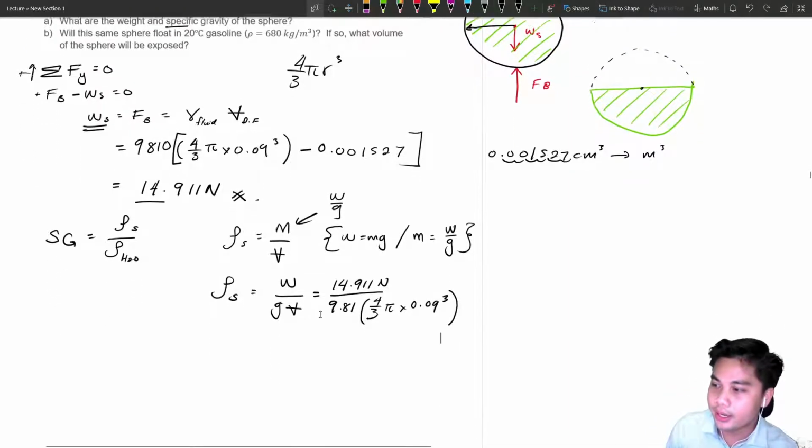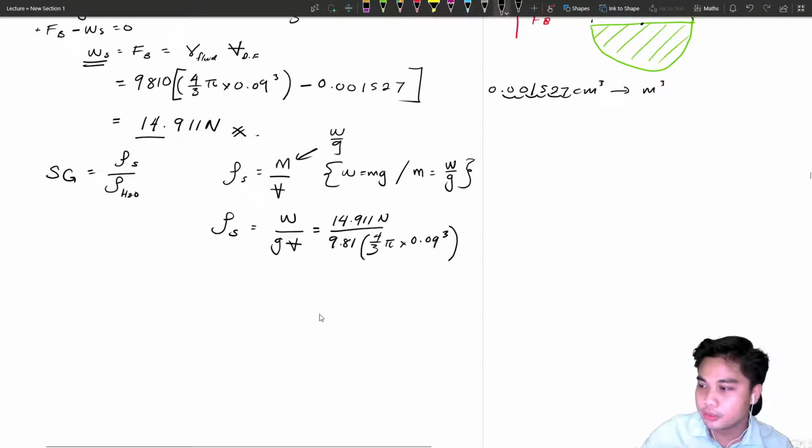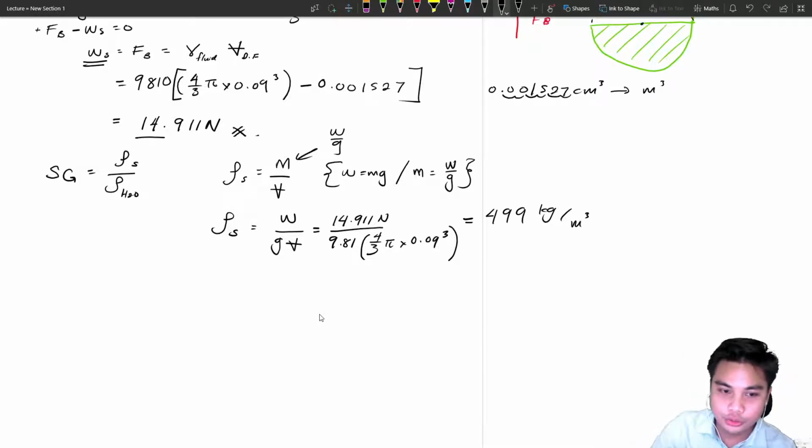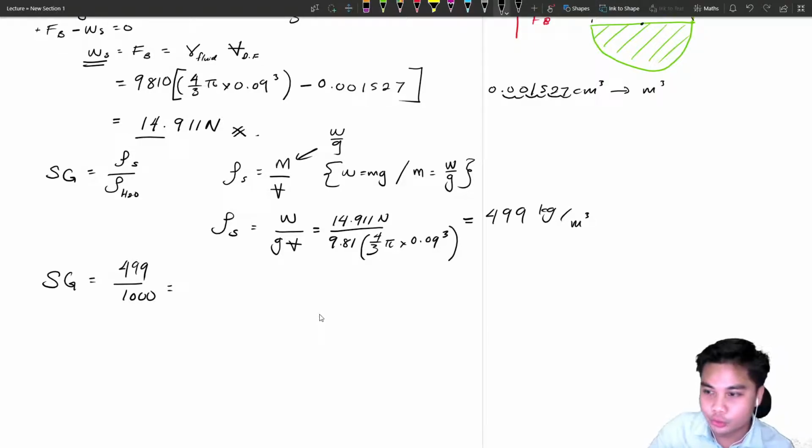Finally, you will get the density of the sphere to be 499 kilograms per cubic meter. So the specific gravity is 499 divided by 1000, which is around 0.5.